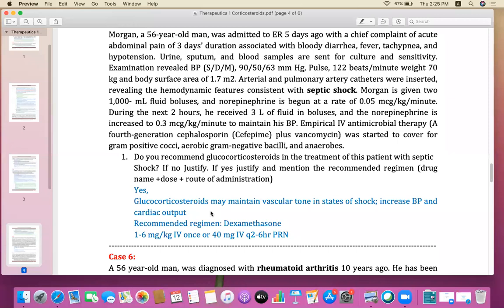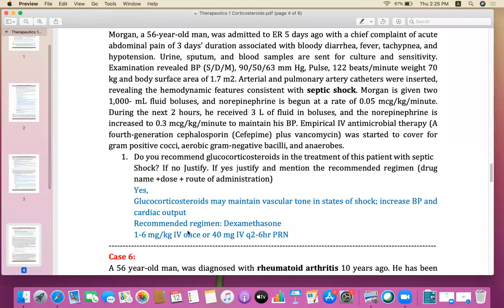So in the management of septic shock, glucocorticoids are commonly used. Why? Because they maintain vascular tone in shock and increase the blood pressure, since here in the case there is hypotension, and also increase the cardiac output.